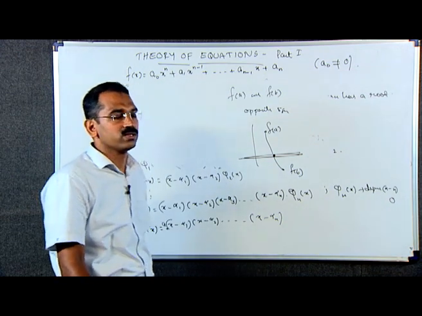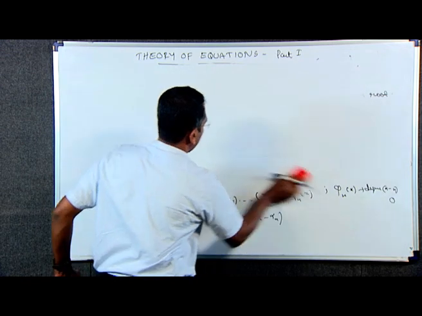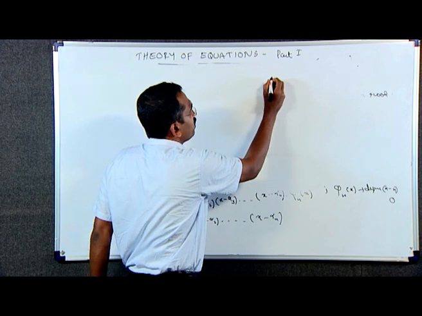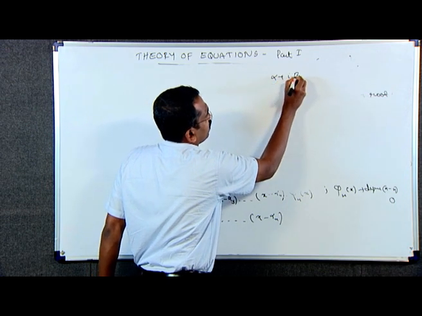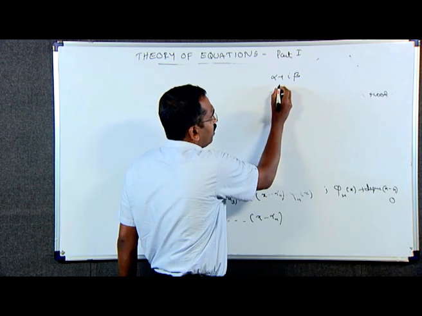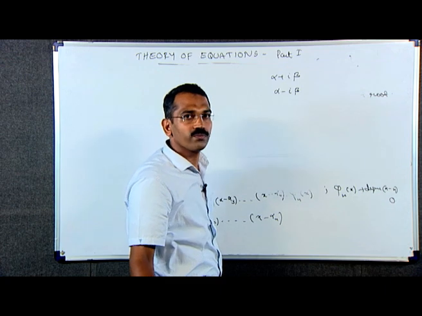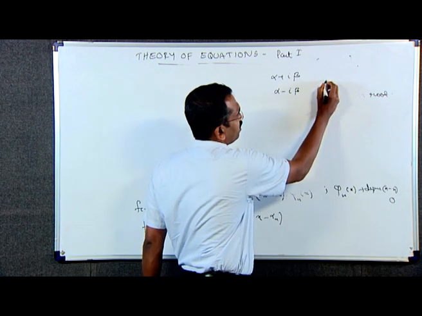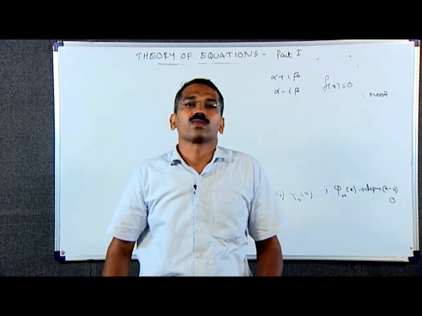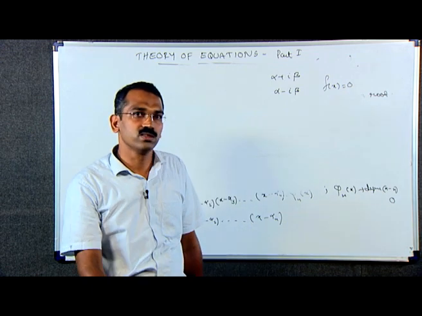That is, if alpha plus i beta is a root of the equation, then alpha minus i beta is also a root of the same equation f of x equal to 0. That is, the imaginary roots occur in conjugate pairs.